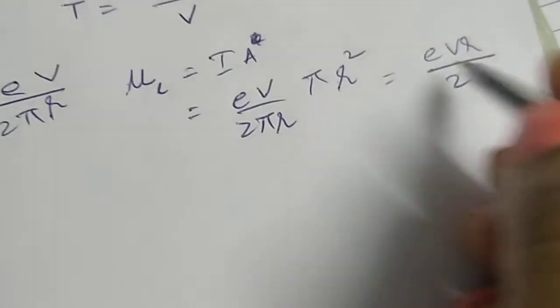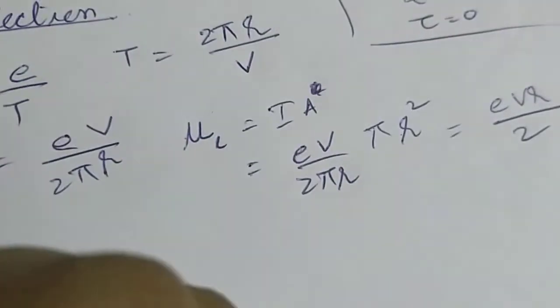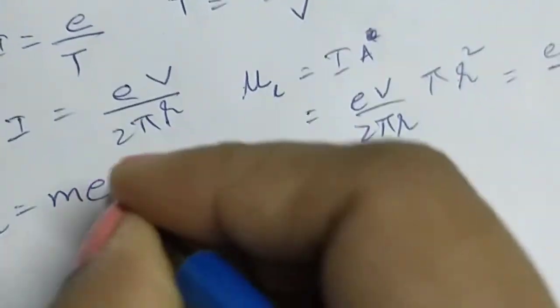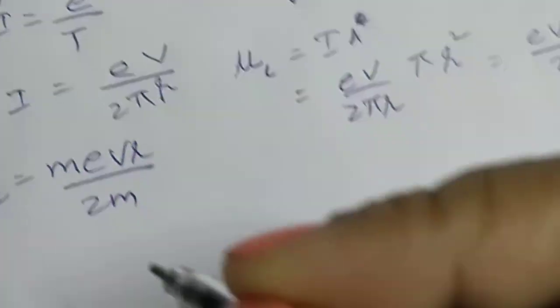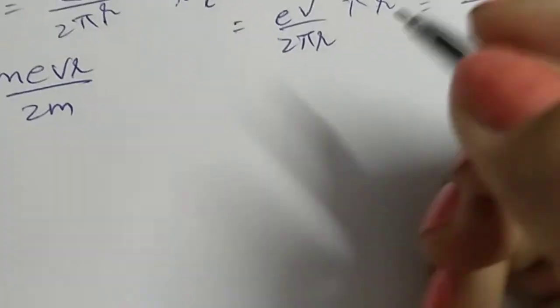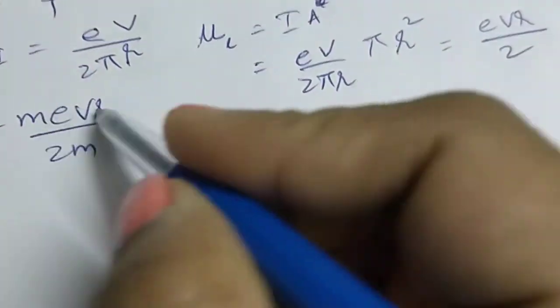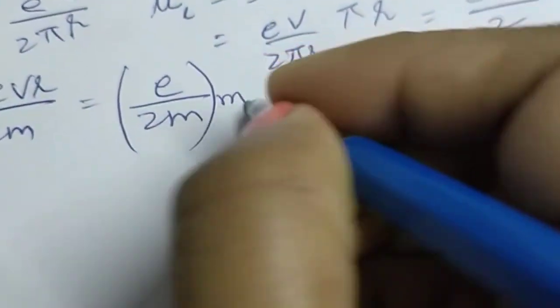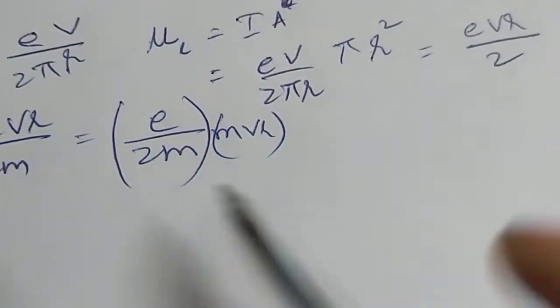Now suppose I multiply m above and below, so my mu l becomes evr by 2m, where m is the mass of the electron. I'll take mvr together, and what is left is e upon 2m, with mvr in another bracket.